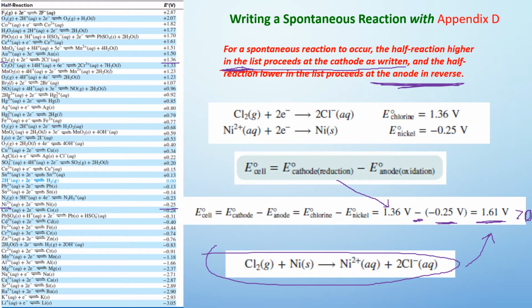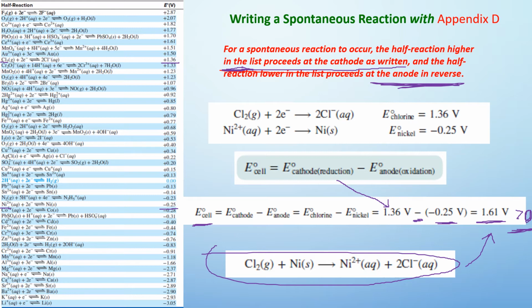So remember this: if you try to determine whether a reaction is spontaneous or not, this standard E cell must be greater than 0. If you do the calculation and find this E cell is less than 0, that means the reaction is not spontaneous.